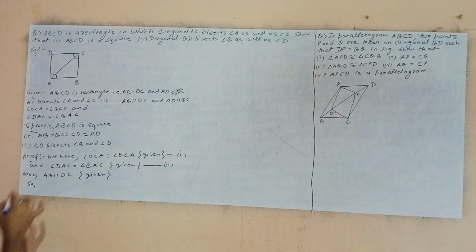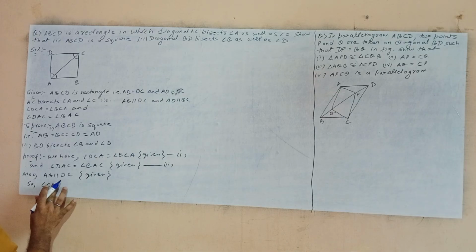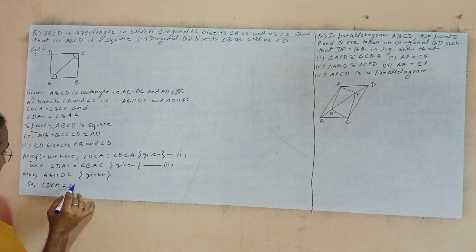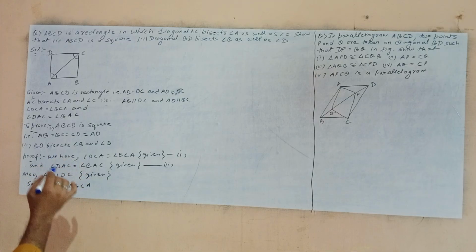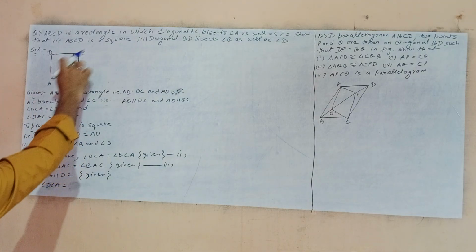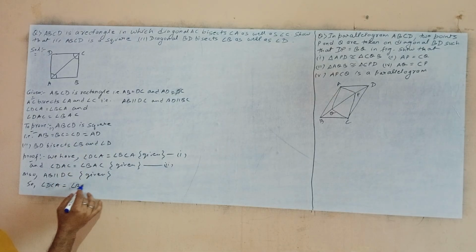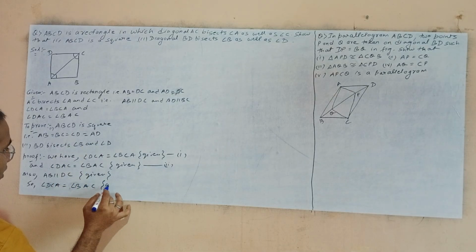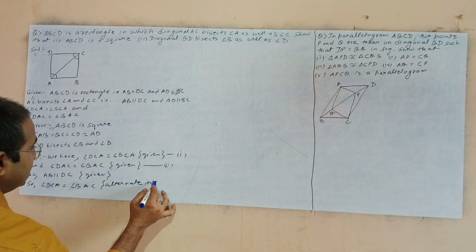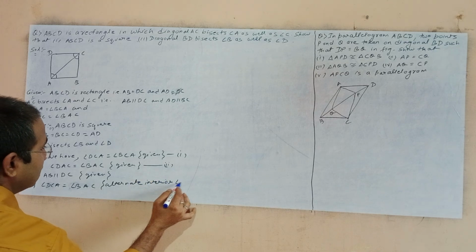So what will happen? Angle DCA is equal to angle BAC. Why? Alternate interior angles.